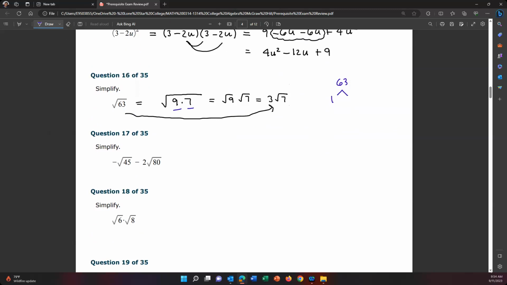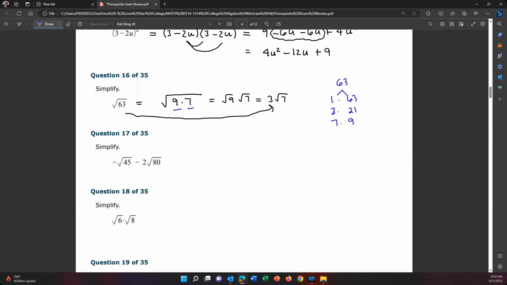Well, I am going to write all the numbers that multiply to 63, beginning with 1 and 63, okay? Not 2, but 3 and 21, not 4, not 5, not 6, but 7 and 9 is the last pair of numbers that multiply to 63.